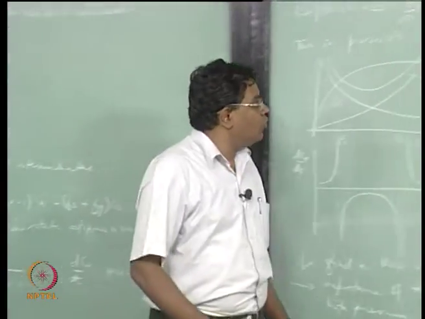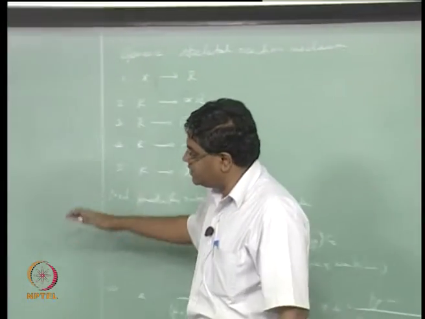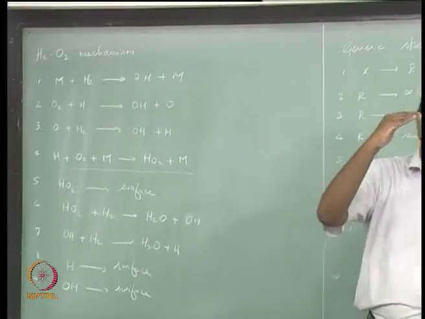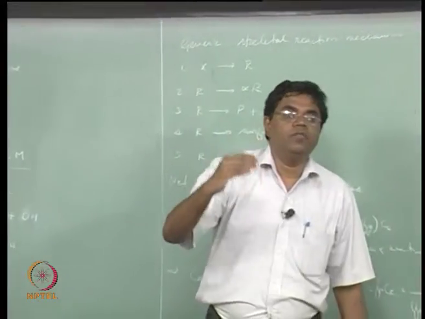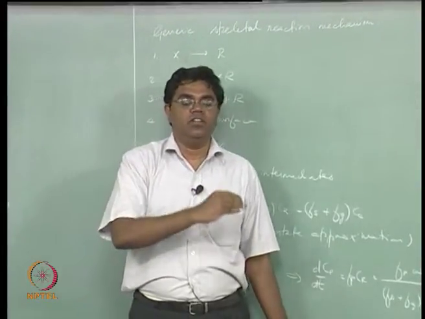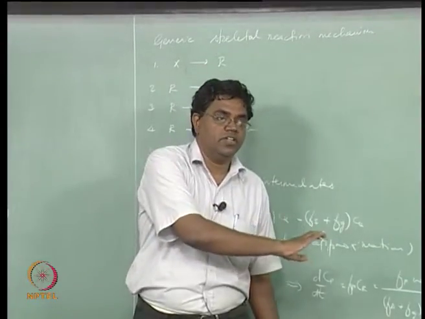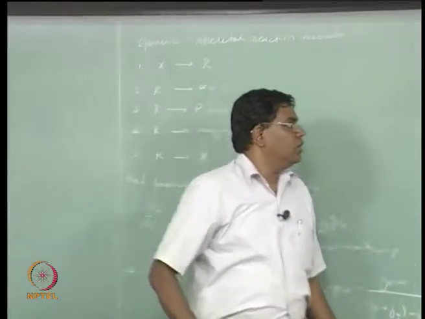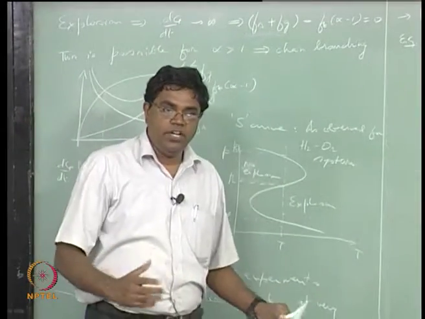So we may have to consider as many as 9 species and about 40 reactions, but the idea basically is what is the least number of reactions and species that we need to consider to explain a certain phenomenon. That is the way we would approach chemical kinetics all the time, alright. So that is a reduced mechanism that we need to adopt.